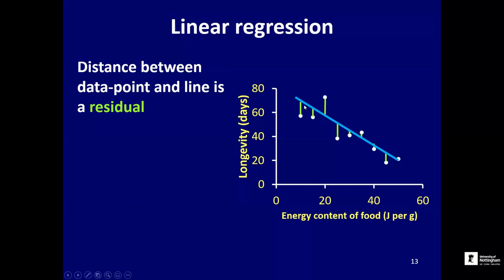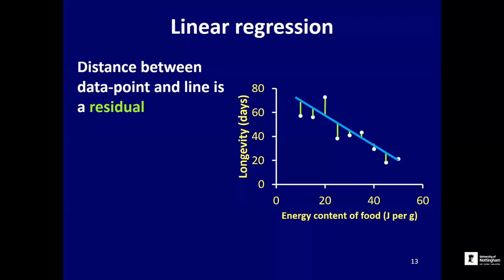The difference between the data point and the line of best fit tends to be known in regression as a residual. I've used that word already when talking about the differences between data and the model or the mean in something like a t-test or analysis of variance, and linear regression uses the same principle. Basically, the residual variation, when you've put a line of best fit through your data, represents the variation in longevity which is caused by things other than the energy content of the food.